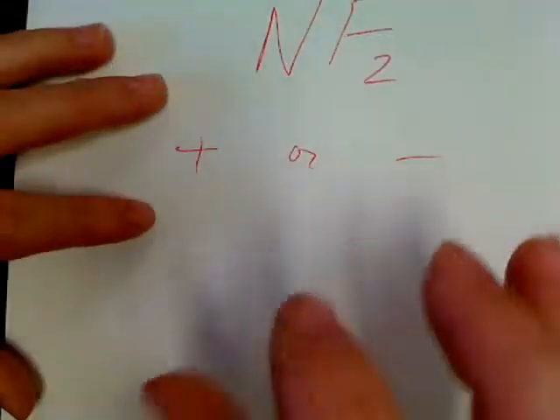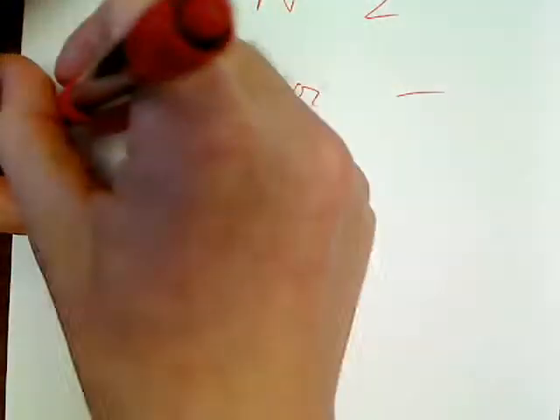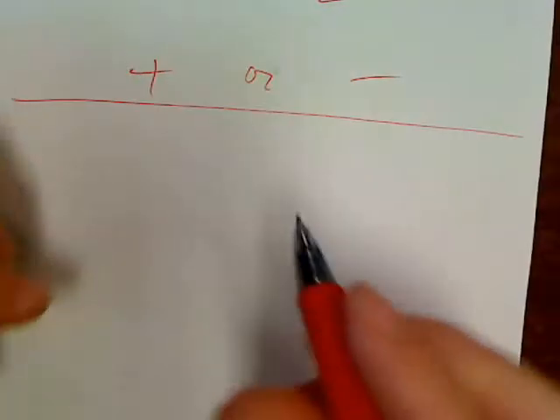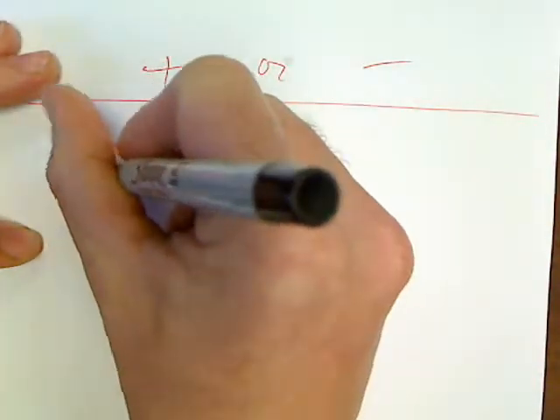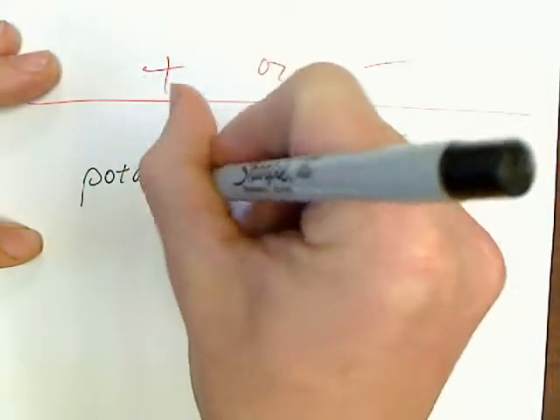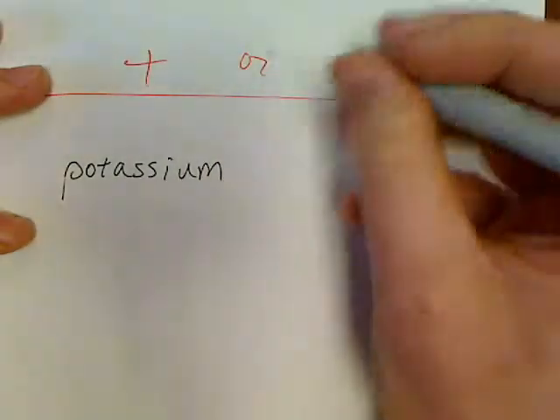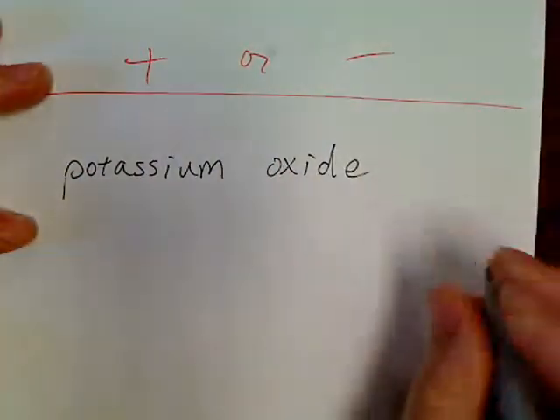Anyway. So from now on, when you do a problem, the first thing you're going to have to do when you get ready to name it is take a look and go, is this ionic or covalent? So, say for example, let's say that I gave you potassium oxide.